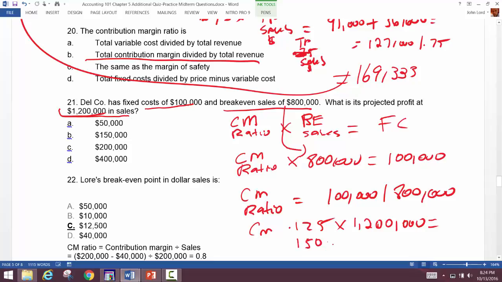Okay, so I got 150,000, but they want the profit, don't they? So I got to take off my fixed cost, right? Hello? I got to take out the fixed cost off of this thing, don't I? To get my new profit at sales of 1.2 million? 50,000 is the profit?